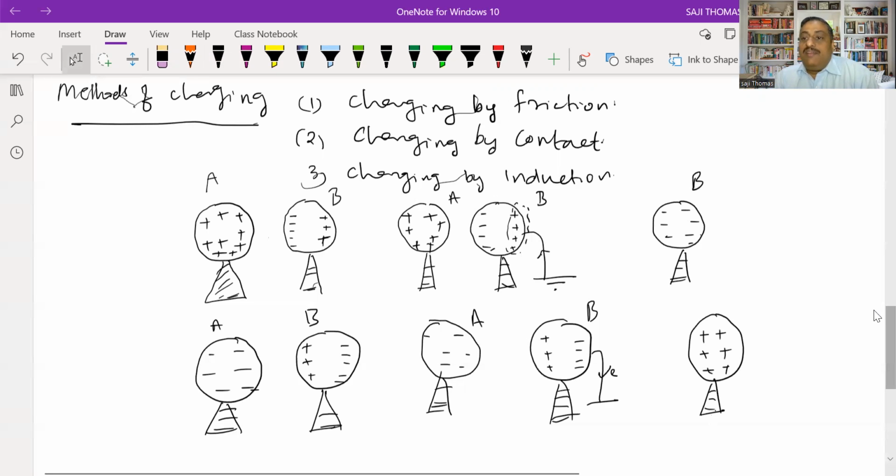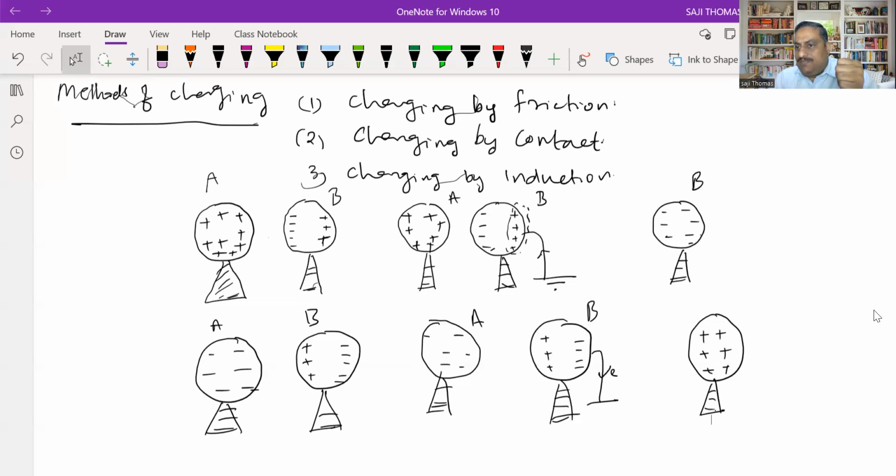So today what we learned: now we got an idea about charge. What is charge? Charge is the property of electrons or protons which gives rise to a force between them. And we learned the properties of charges. Like charges repel, unlike charges attract.